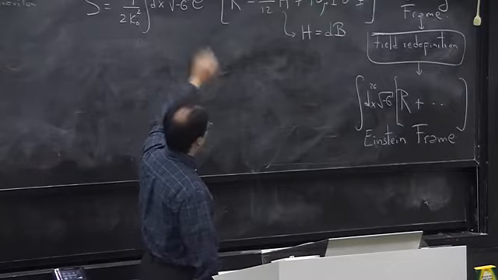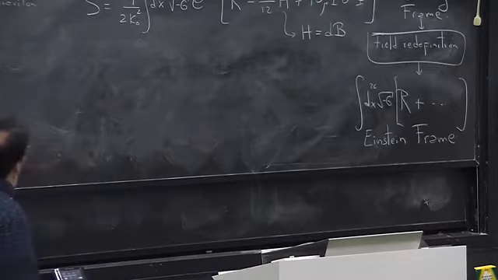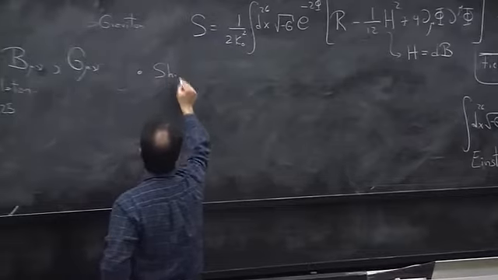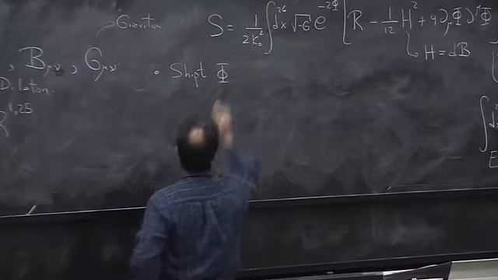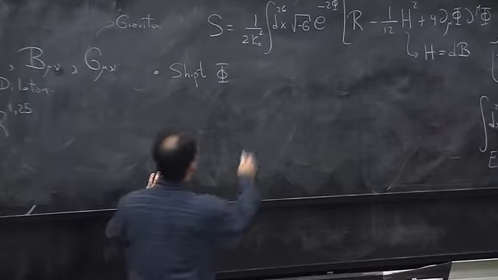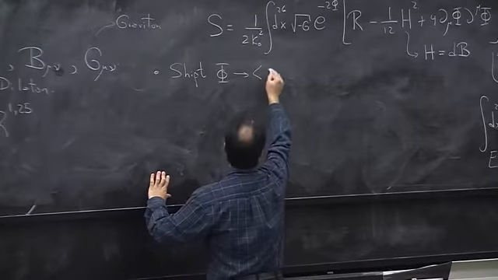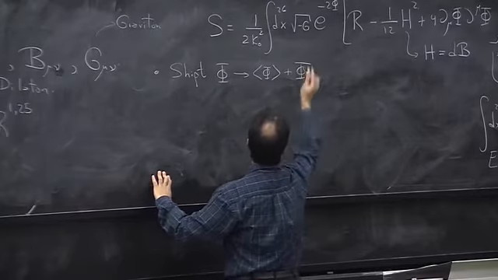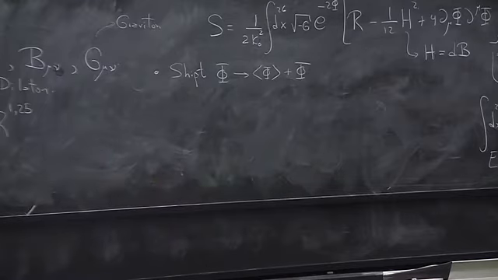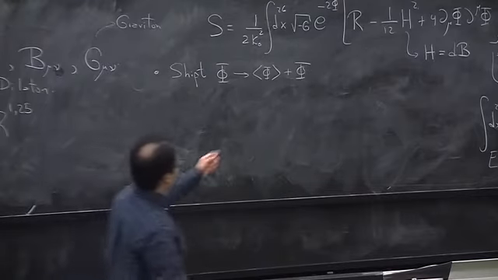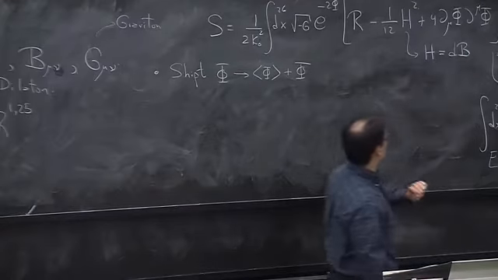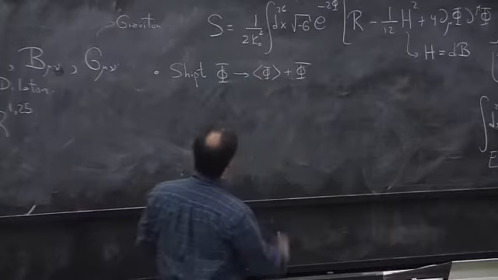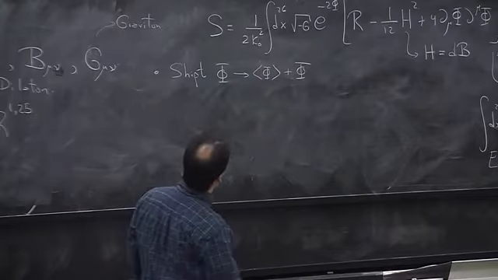So now in the string frame, there is something interesting that we can notice already. Imagine that we shift the dilaton by a constant. Say the dilaton acquires some expectation value, and there is some fluctuation, which we call the field again. Clearly nothing happens to the derivatives, and we pick up a factor from the overall exponential.